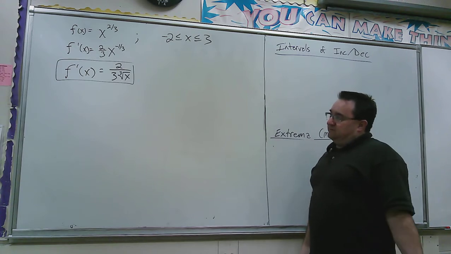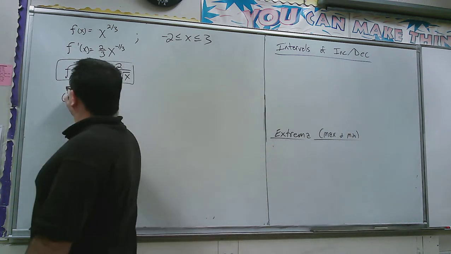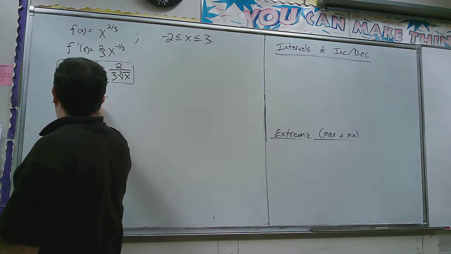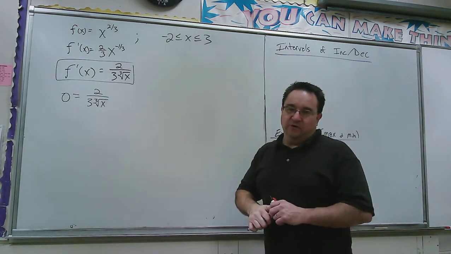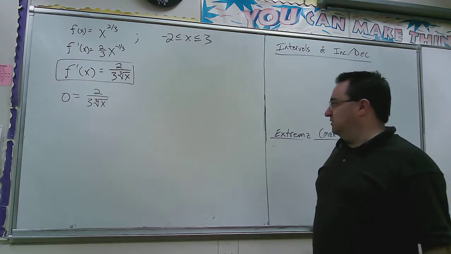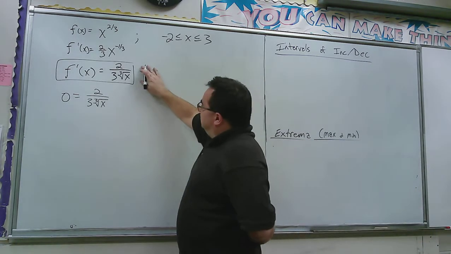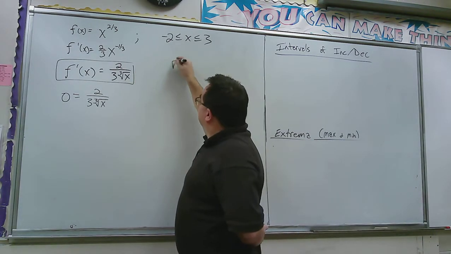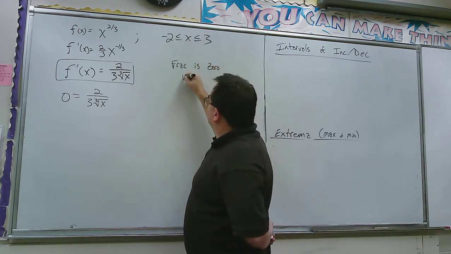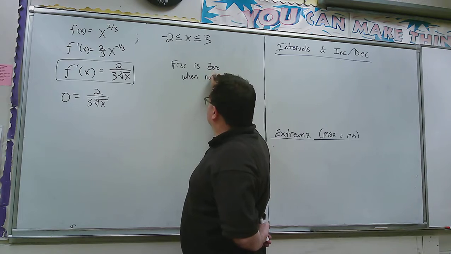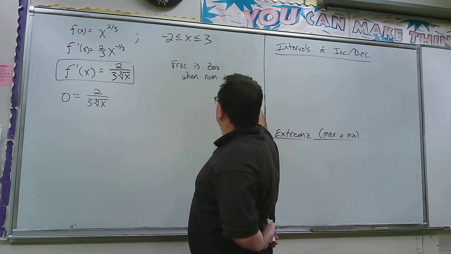Now, what do we do next? Well, we're supposed to find where this thing equals 0. And we could do some algebra here, but the problems will get more complex, so I want to tell you what you're really looking for. See how this is a fraction? A fraction is 0 when the numerator is 0. Right?